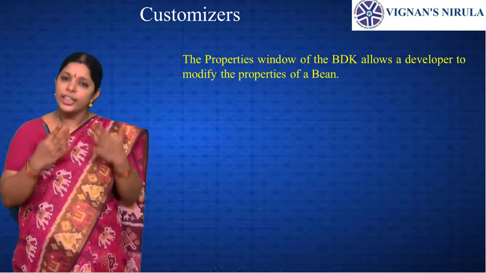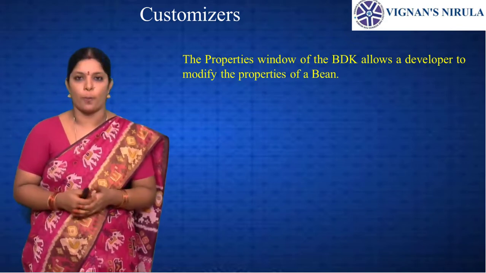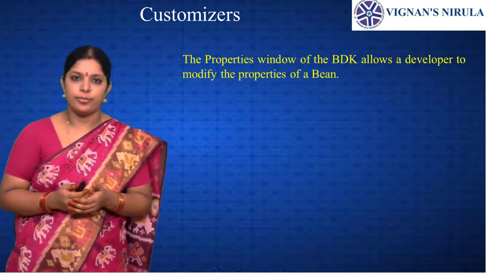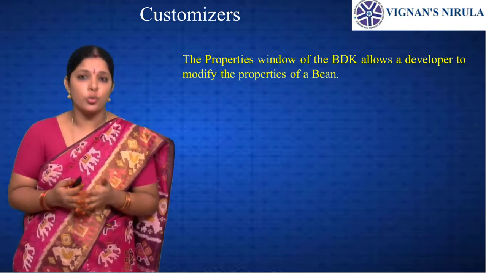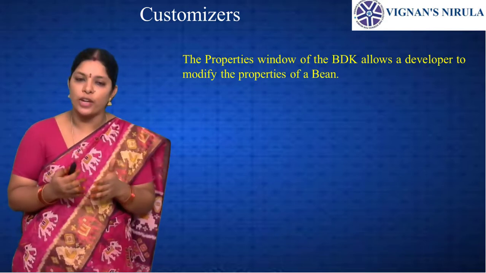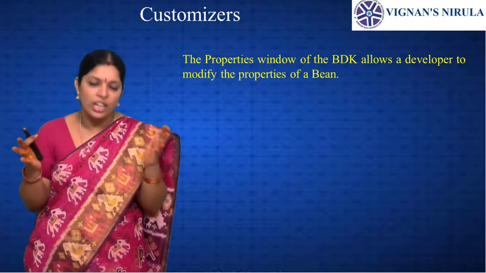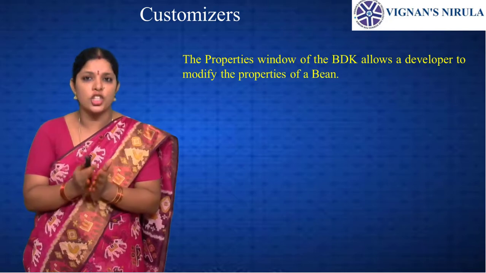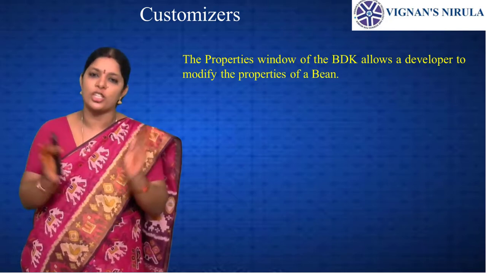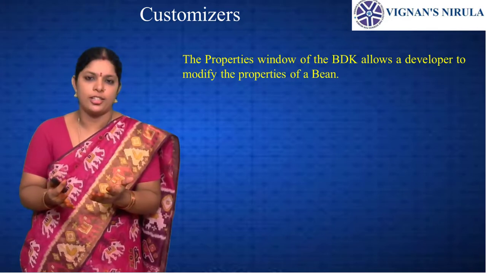Customizer. Here we are using the customizer properties. It is one of the windows in the BDK. It allows developers to modify the properties of a bean. The customizers can modify many properties of any bean.